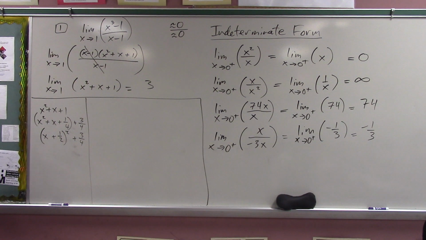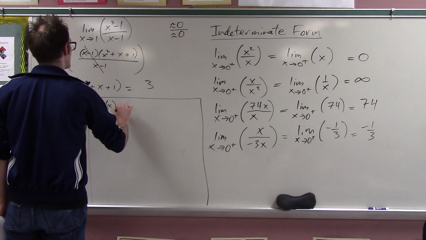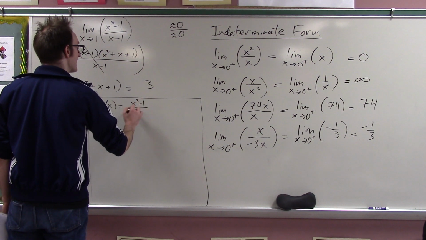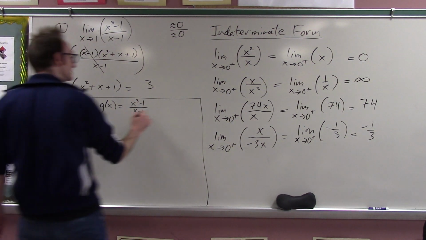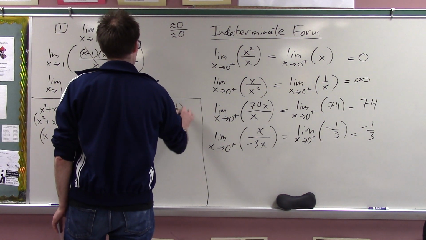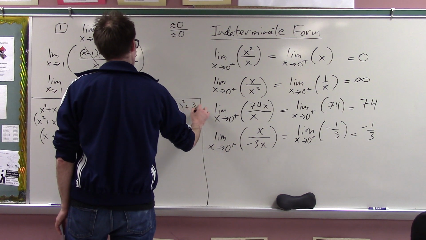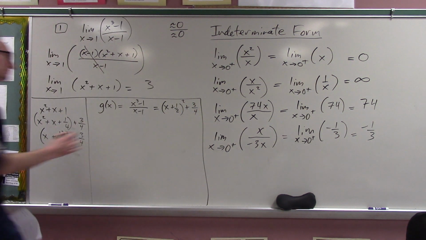Okay, so now that I know that, if I set out to graph the function x cubed minus 1 over x minus 1, what I know is that this is equal to just x plus a half squared plus 3/4, except that x can't be 1, right?